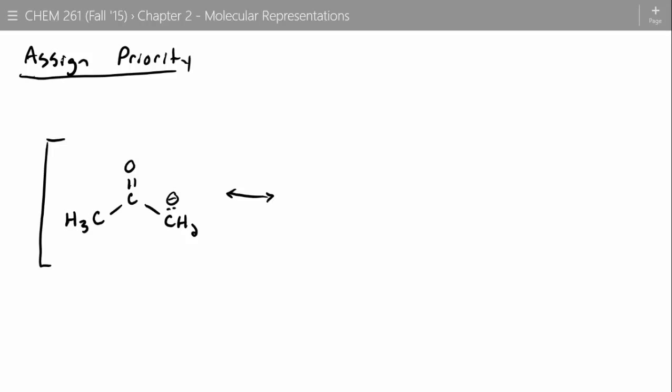Once you think you've got it, check with your neighbor and see if you can agree with 2 additional resonance structures. I'll give you a hint. One of them violates Rule 4, so it's okay to draw that one in this case. We just want to use it as an example.